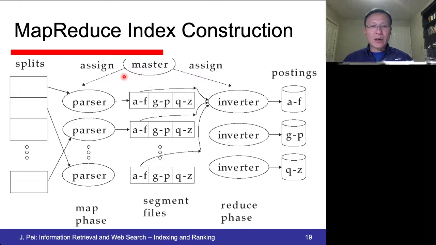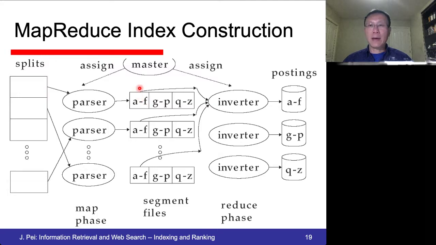Let's look at one concrete example. It is using MapReduce to construct the inverted index. First of all, you have a set of documents. You have those documents parsed by your parser. And then the parser will produce the corresponding key value pairs. The key will be the word. The value will be the document ID.